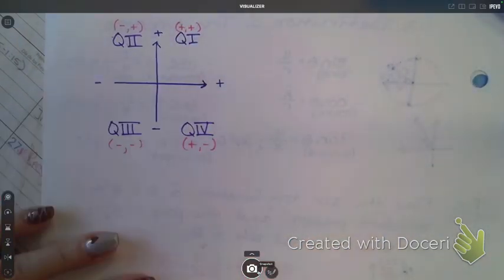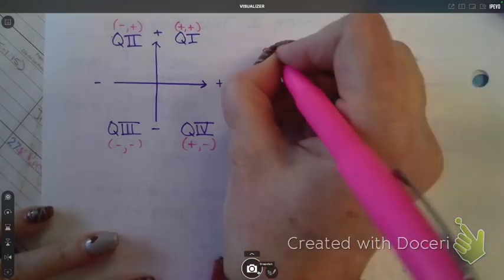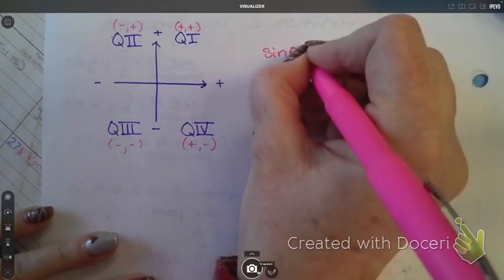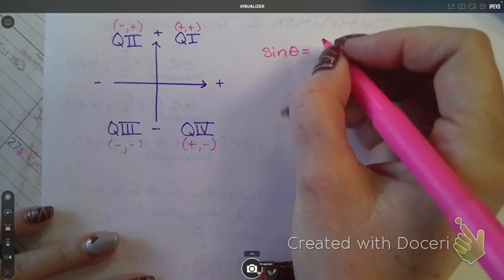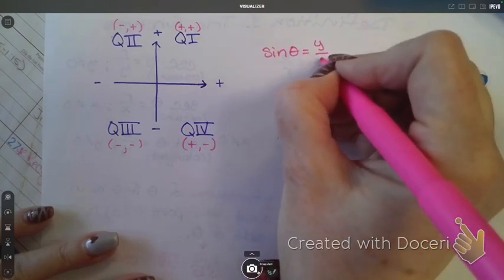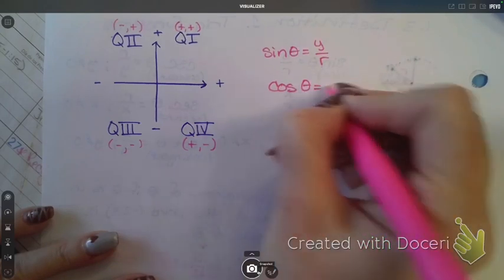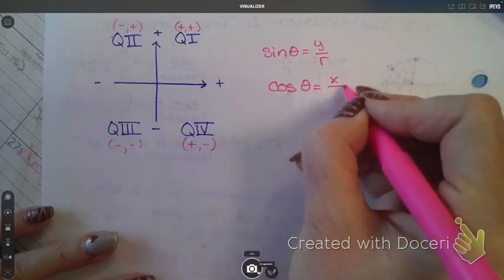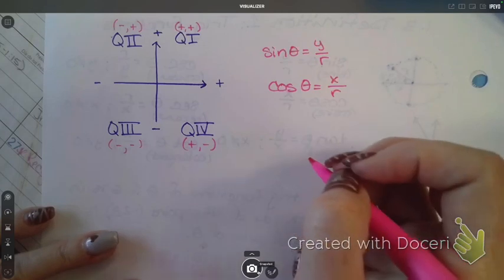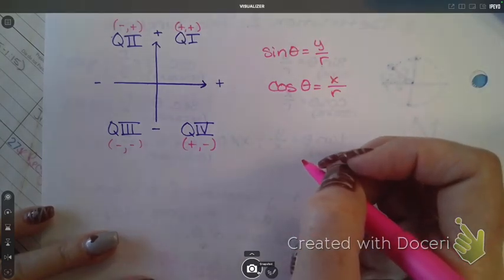Okay, so sine of theta was what? Y over r. Cosine, x over r. If you know sine's y, you should know cosine's x, correct?